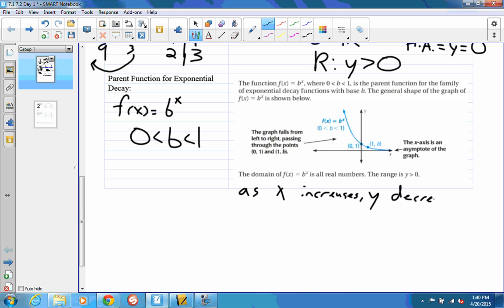Just as I described exponential growth as increasing at an increasing rate, with exponential decay I am decreasing at a decreasing rate.